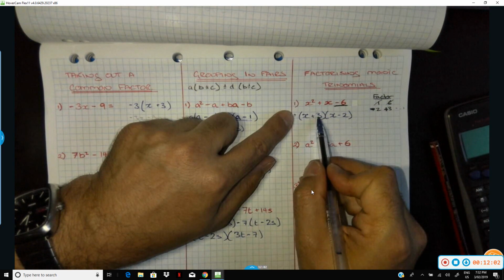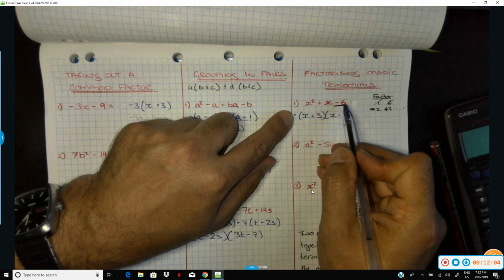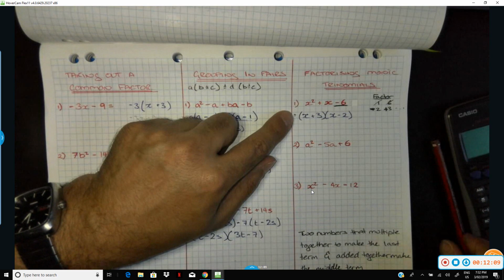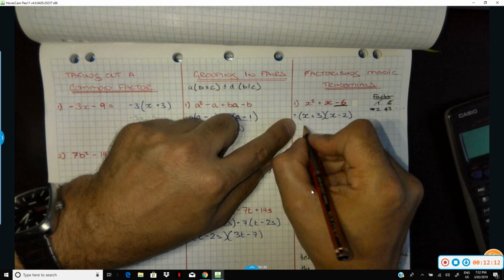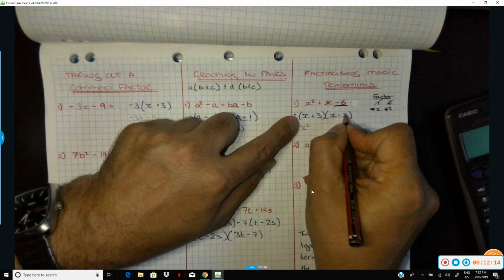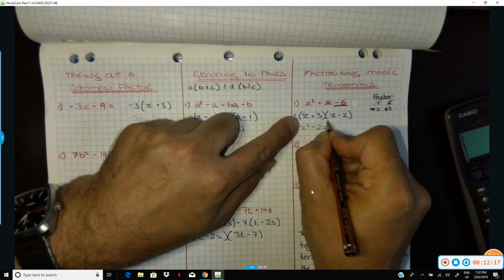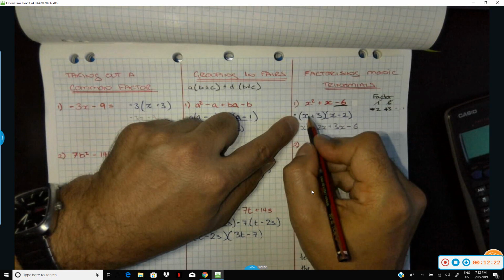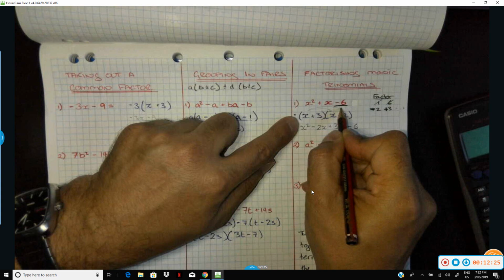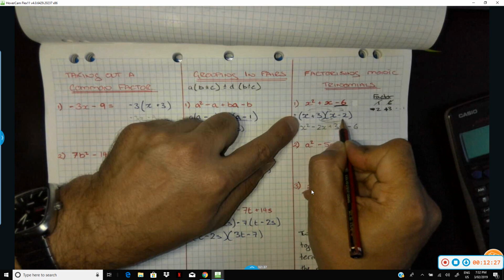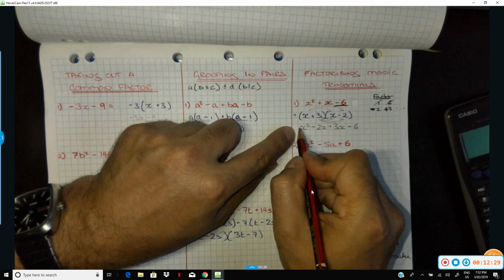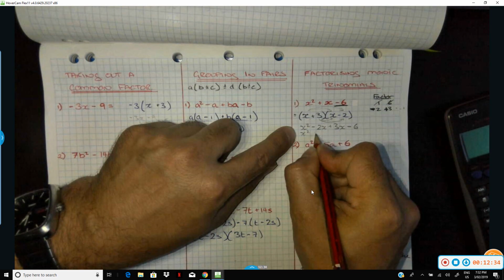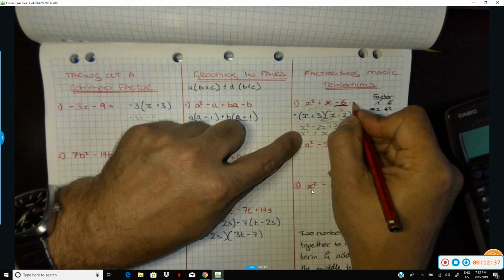Yeah, because 3 times -2 is -6, but 3 plus -2 is +1. And once again, we can check this. If I expand, that's x squared, -2x, plus 3x minus 6. So I did this, and then this, and then this, and then that. Yep. Collect like terms. -2 plus 3 is 1, so x, and that's exactly what we've got.